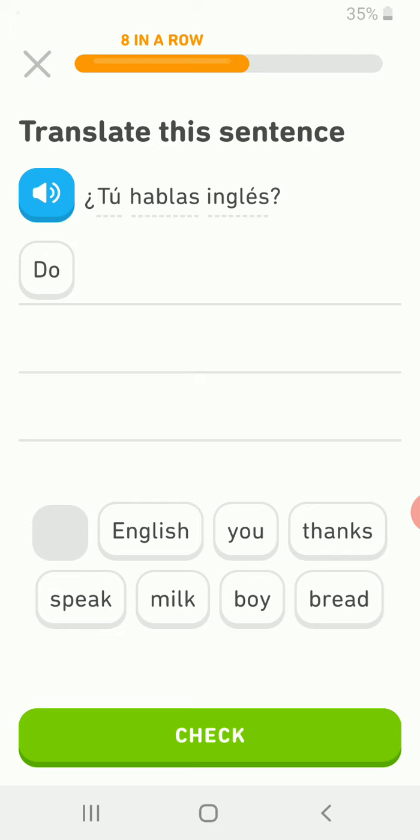In English you have the verb to do, or you have to put the verb at the beginning and then the pronoun. There's nothing like this in Spanish. It's very simple. You just have to raise your tone at the end. ¿Tú hablas inglés? Yes, this is a question.